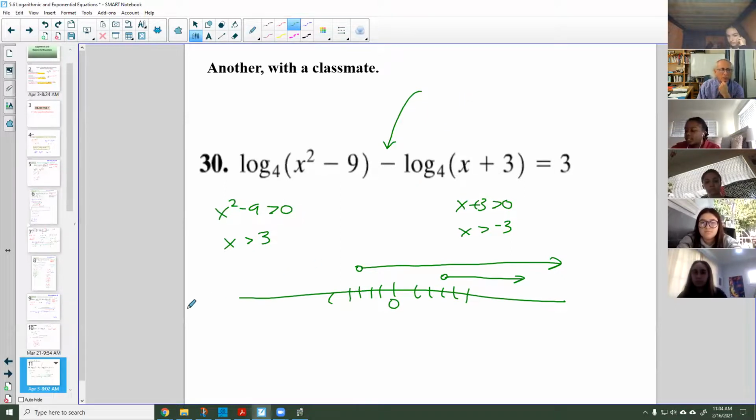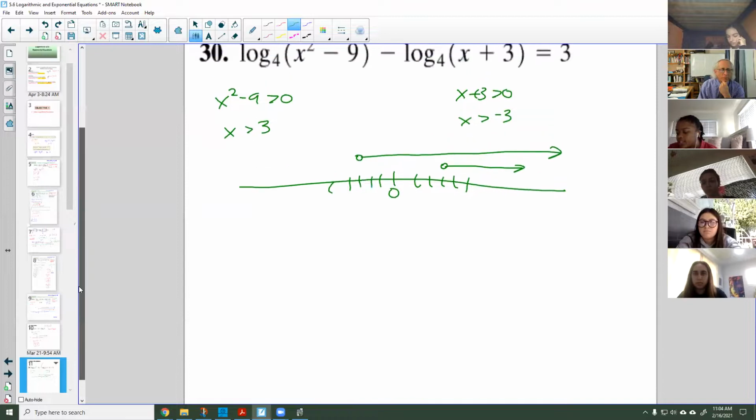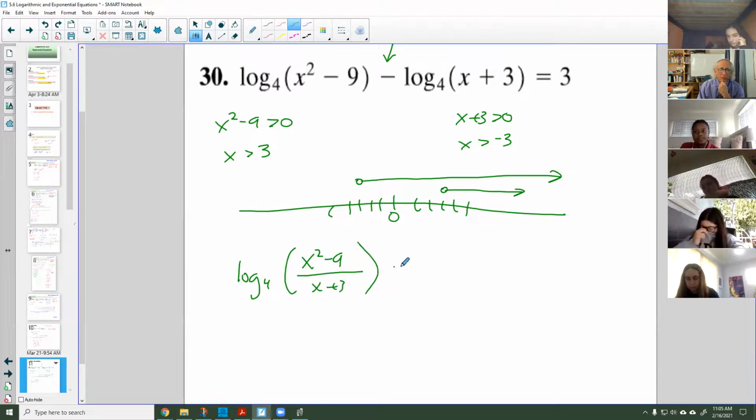And I did log base 4 of x squared minus 9 over x plus 3 equals 3. And then that's as far as I got. Okay. x squared minus 9 over x plus 3 equals 3. So how many people got that far? Did anybody get past that spot?